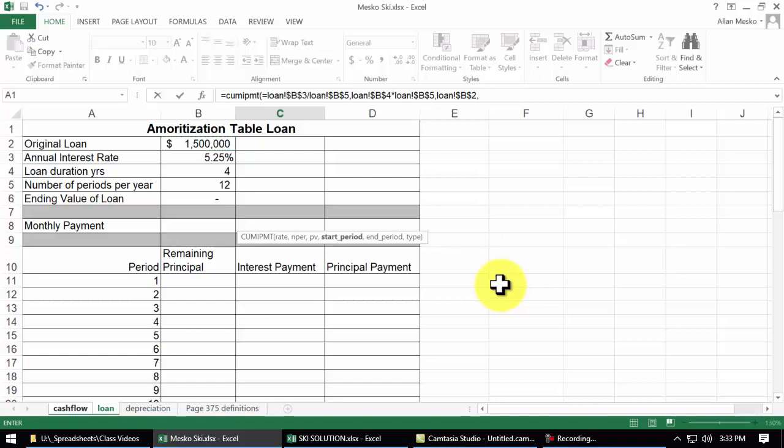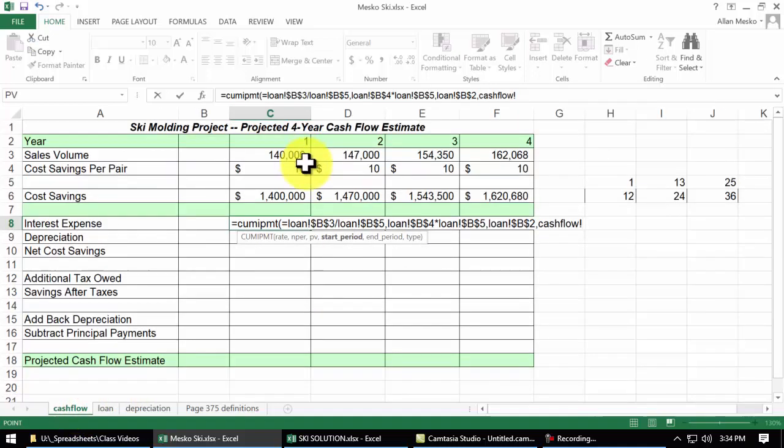My start period, this comes from the cash flow sheet, doesn't it? My start period is going to be these formulas right here that we did. I'm in year 1 right now. So I want to take that thing times 12 minus 11. It's going to multiply by 12 and then subtract 11. And I want that always to go to row 2, don't I?